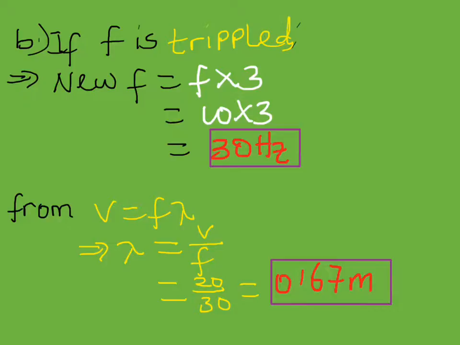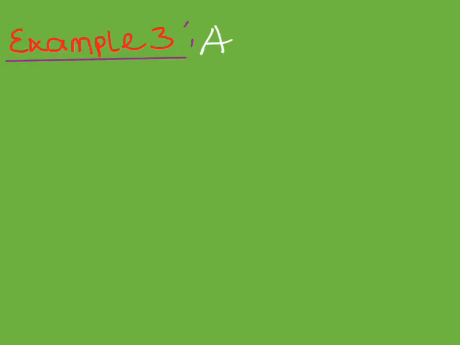If one increases, the other automatically reduces. That is why the frequency being tripled affected the wavelength, and the wavelength reduced from 2 meters to 0.67 meters. Let's take our next example.